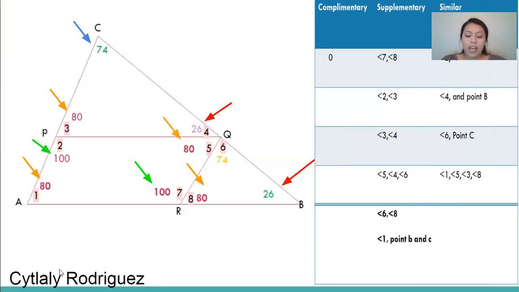Angles 7 and 8 are supplementary to one another, making it equal 100 degrees. To get angle 4, we subtract 180 from point C, giving us 26 degrees. And at last, angle 6 is congruent to point C, and it adds up to 74 degrees.